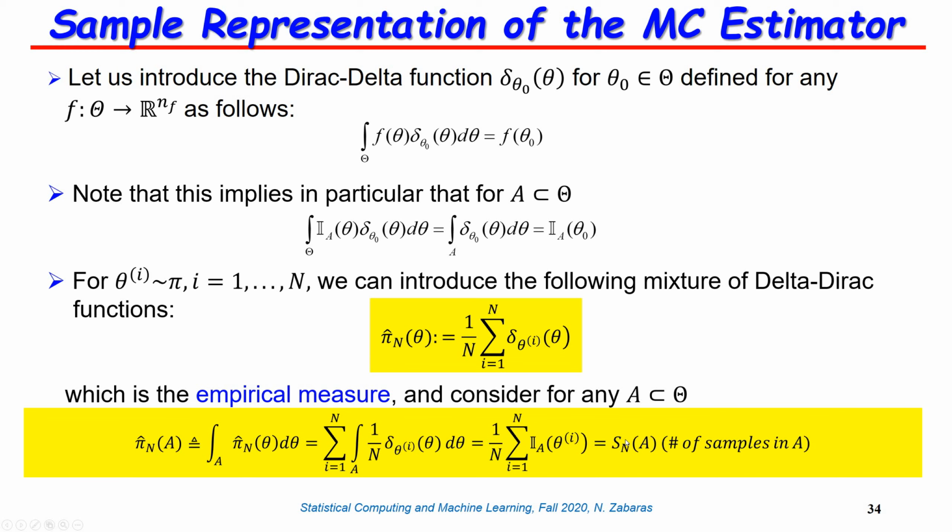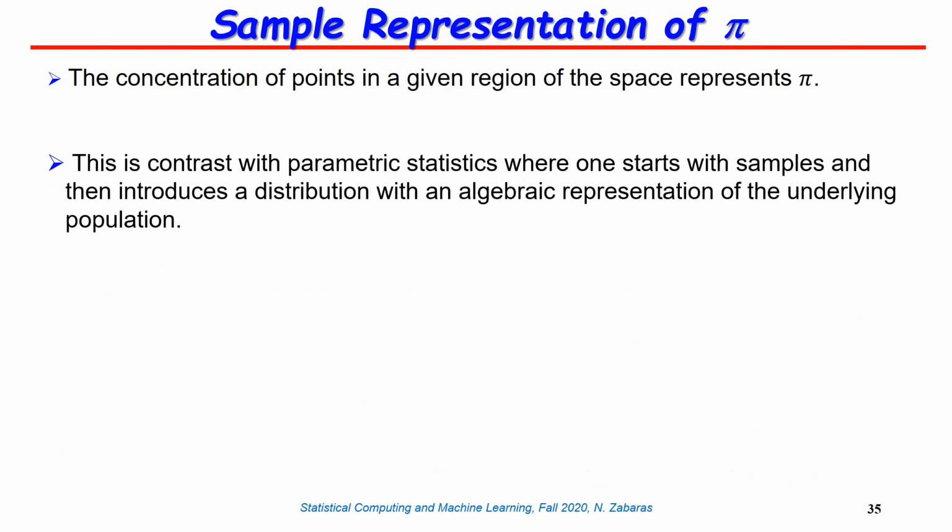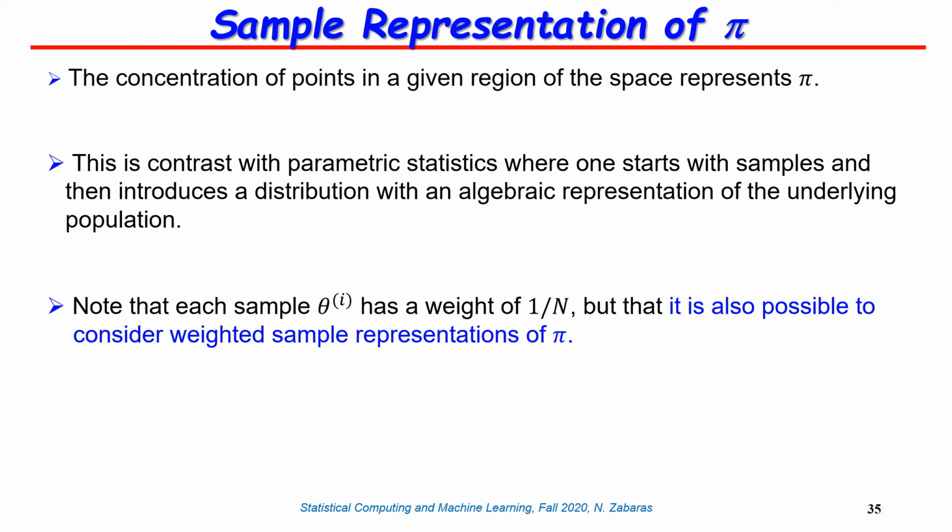And so here is the idea. How about when we want to compute Monte Carlo estimators, instead of using the actual distribution pi of theta, we use this empirical measure defined as this mixture of delta Dirac functions with weights 1 over n. And that's exactly what I'm going to do in the slides that you will see coming up.